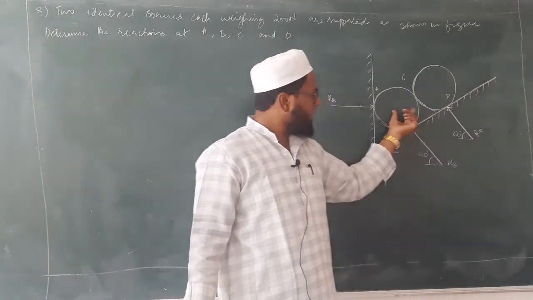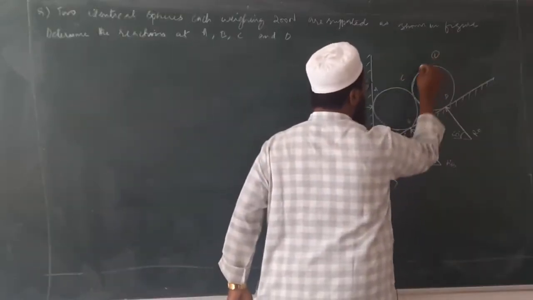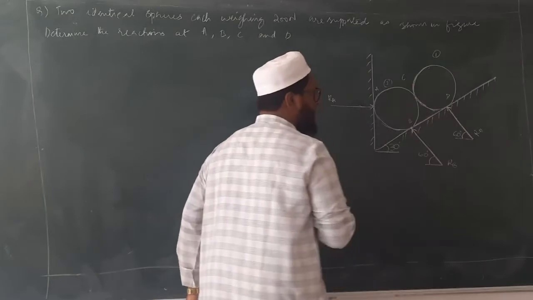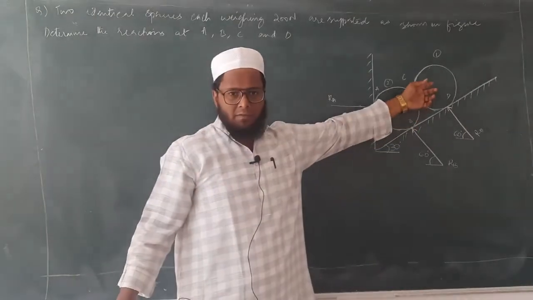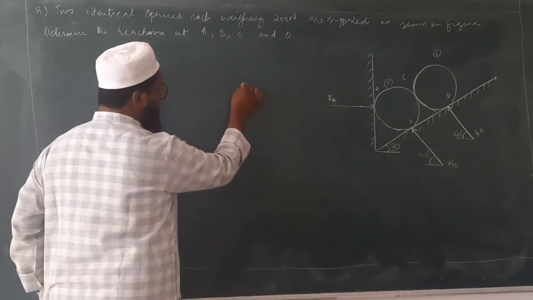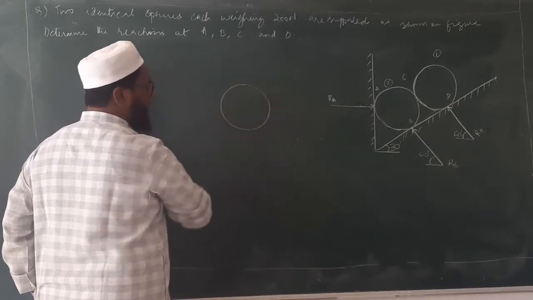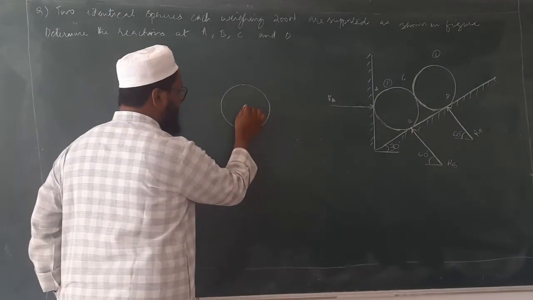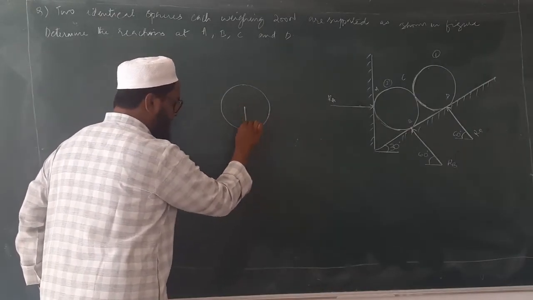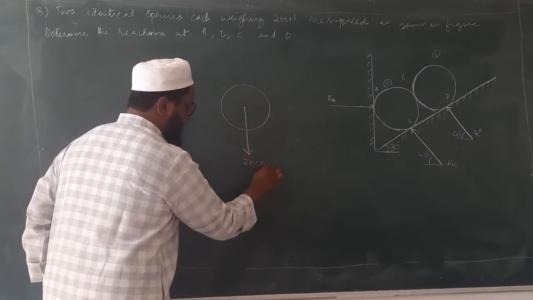Okay. Now I will draw the sphere, name this as sphere 1 and this as sphere 2. I will draw the free body diagram of sphere 1 first. So first we will take up this circle itself. This is the center, and what is the weight exactly? 200 Newtons.